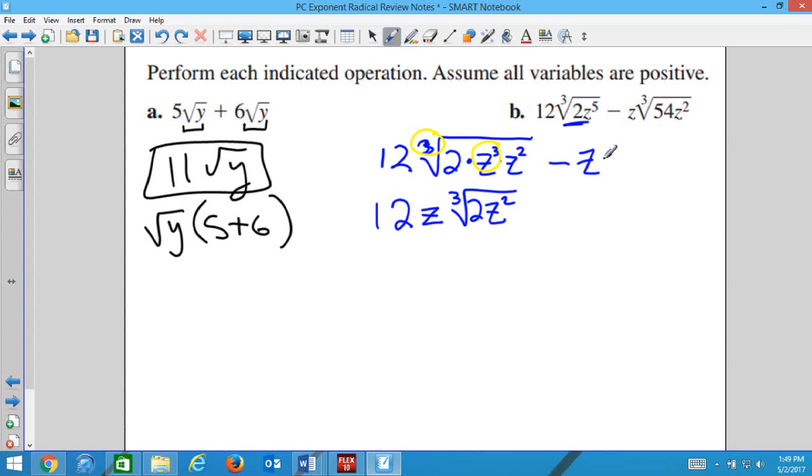Okay, over here, in order to be able to subtract them, my radical has to be exactly the same. So is there a way to simplify 54z squared so it ends up having like a 2z squared left? What times 2z squared is 54z squared? What's the number? 27, yeah. 27 times 2 is 54. And then 27 is a cube. So we do minus 3z cube root 2z squared.